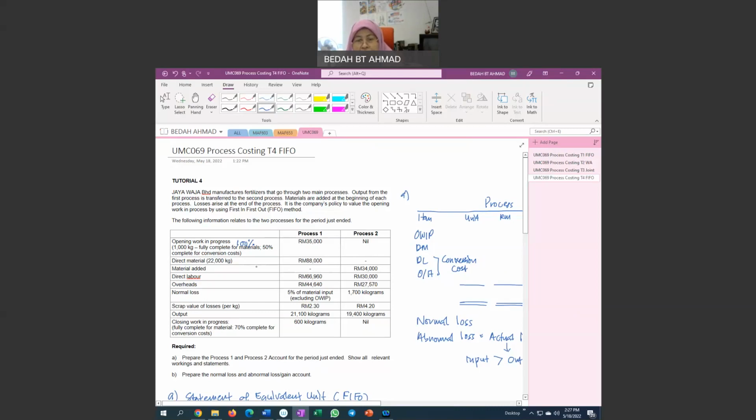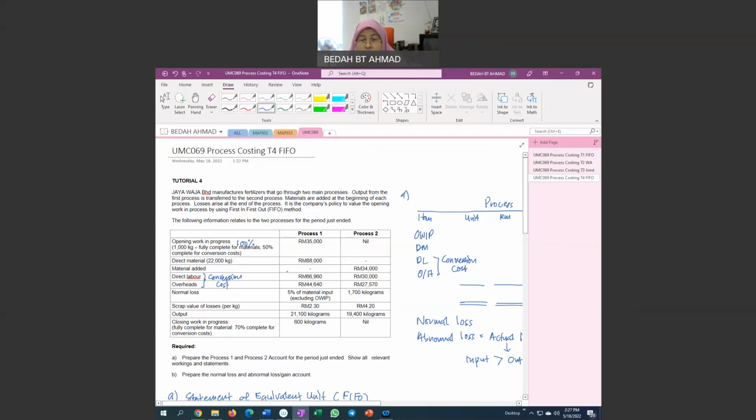Direct material added is 22,000 kilograms, 88,000. Material added in process 2 is 34. Direct labor is 66,960 and 30,000 each. Overheads are 44,640 and 27,570. This direct labor and overhead we consider as the conversion cost, so we combine them and treat them as the conversion cost.